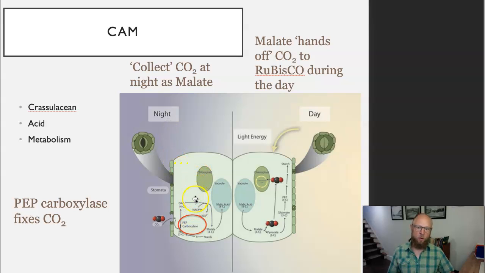So in order for CAM plants to photosynthesize at night, they have to use a different enzyme, and so they utilize PEP carboxylase. The other interesting thing about CAM plants is because they're photosynthesizing at night, they're opening their stomates at night as well in order to get CO2 into the leaf so PEP carboxylase can have access to it.